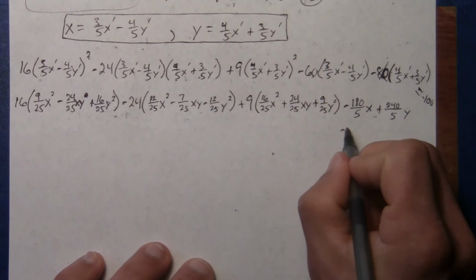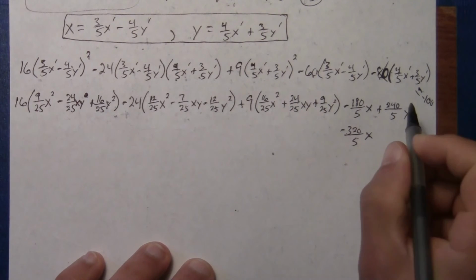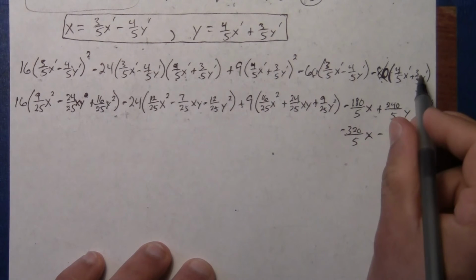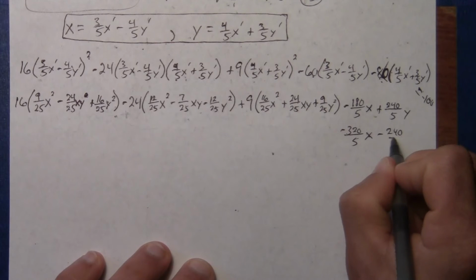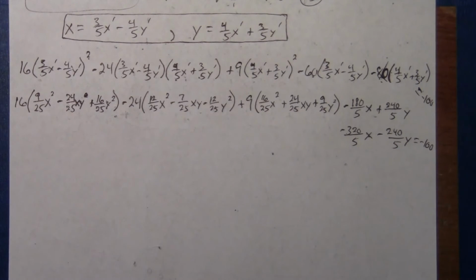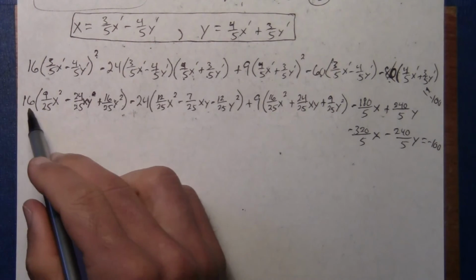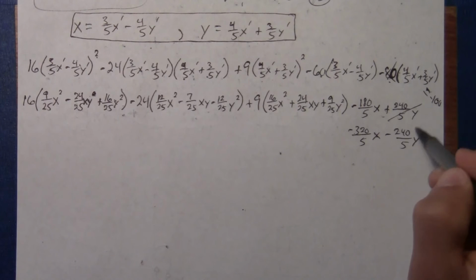That's going to give me minus 320 over 5 x. And then distributing negative 8 times 3 is 24, add a 0, so negative 240 over 5 y equals negative 100. Alright, so now let's go ahead and distribute the 16, the 24, the 9, and so on. Now you probably see right here that these actually cancel.